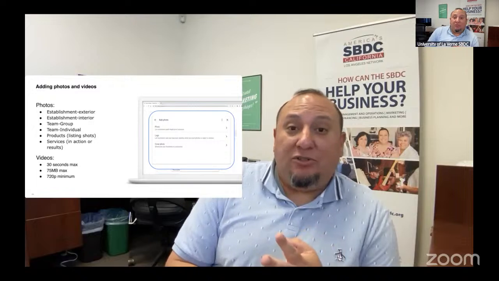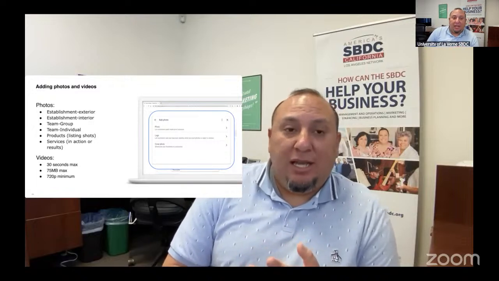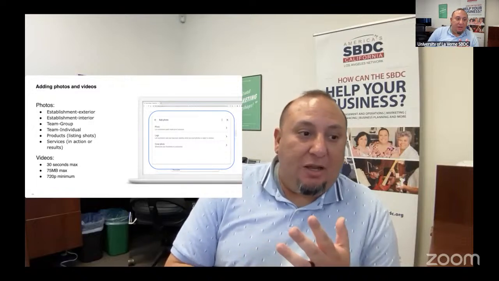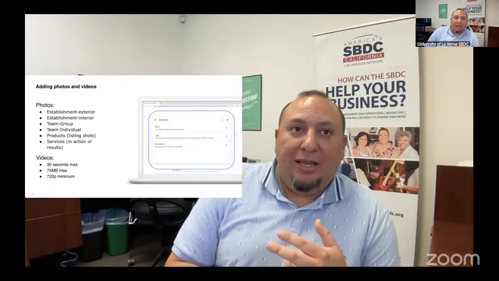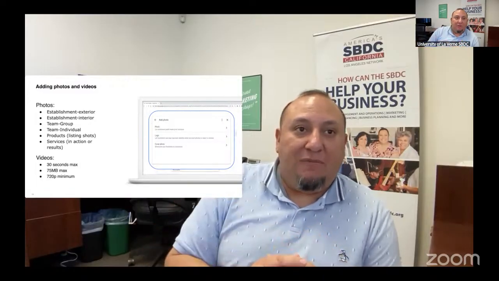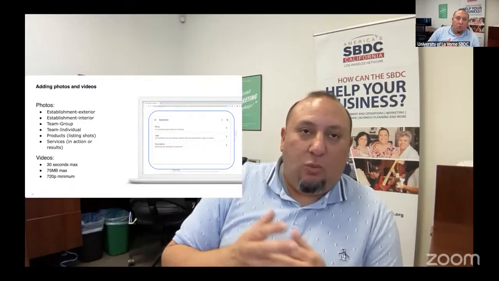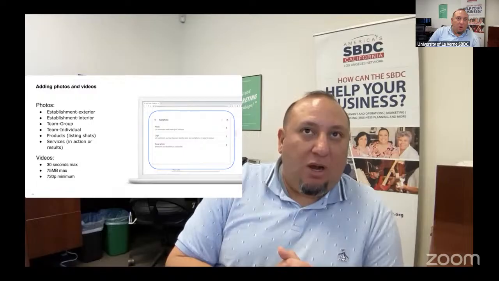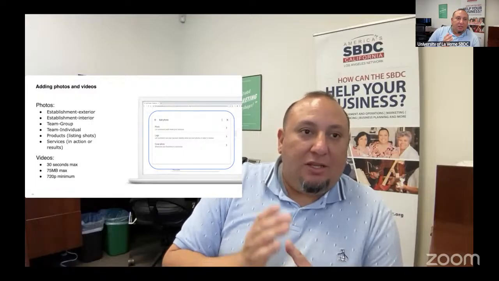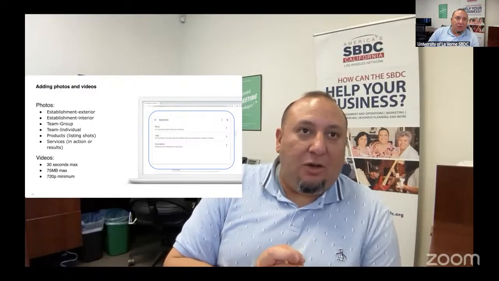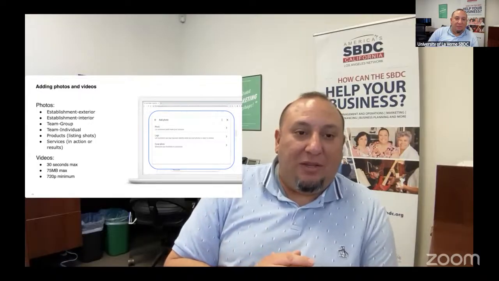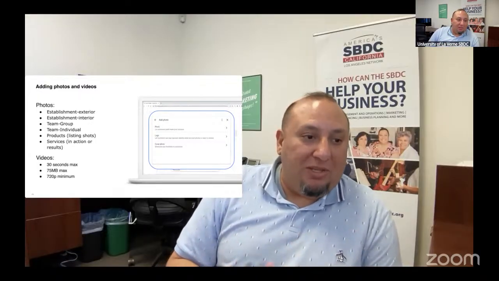You want to have pictures of your team as a group, and then also the team individually. So say you have a receptionist, the first person they're probably going to see when they walk into your establishment. They want to know, oh, who is that person? Maybe there's a little bit of information about them, so people are more familiar with your business.